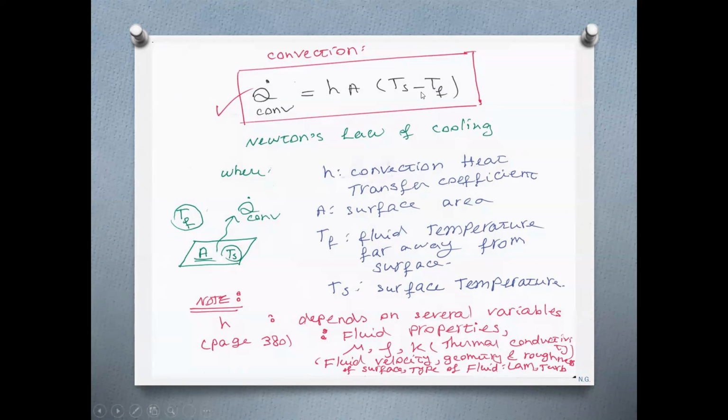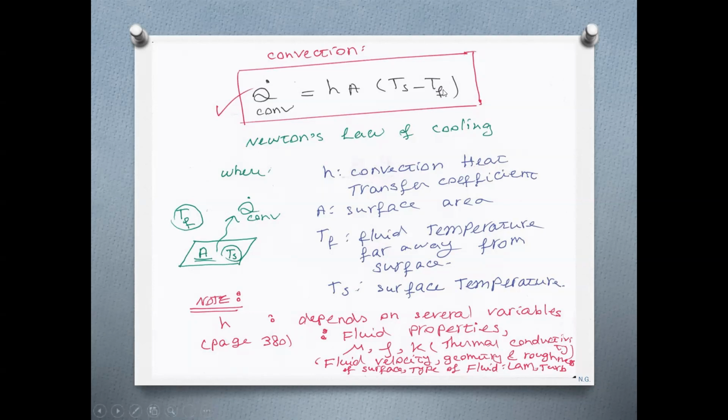Temperature of the fluid is that which is far away from the surface, not under the influence of the surface, because as the fluid passes over the surface, it can form a boundary layer. I mean, we have velocity boundary layer and we have temperature boundary layer.